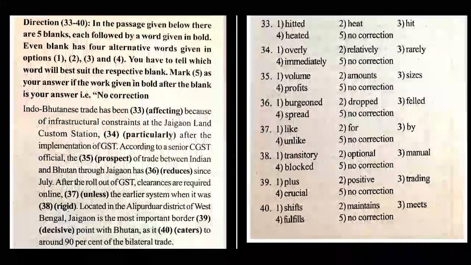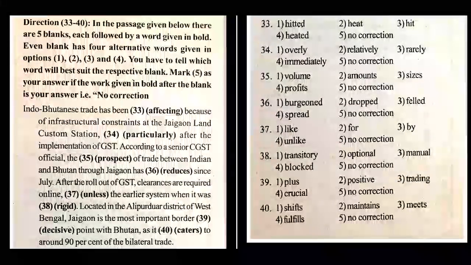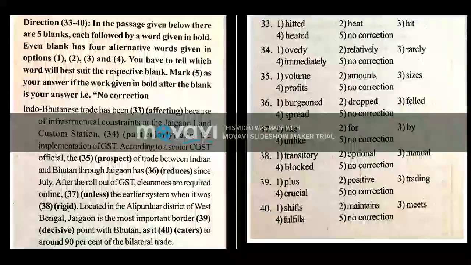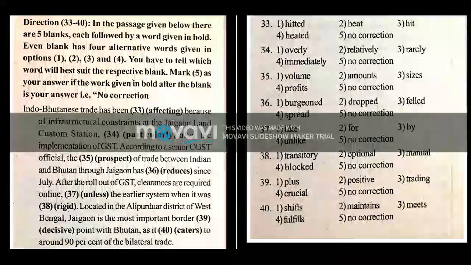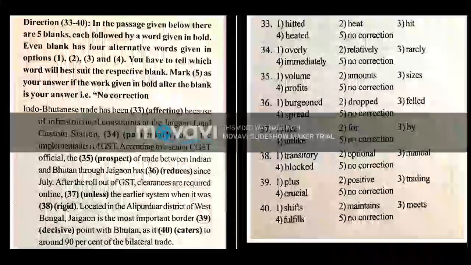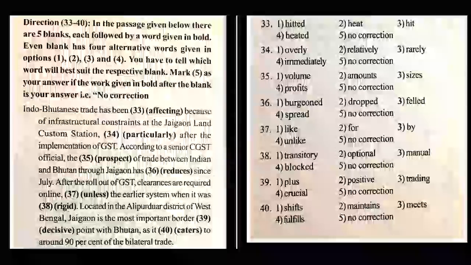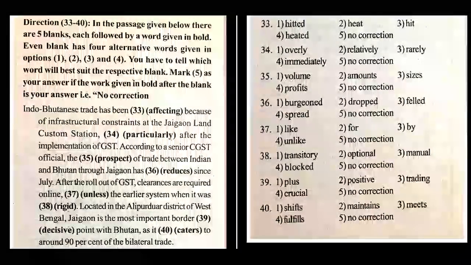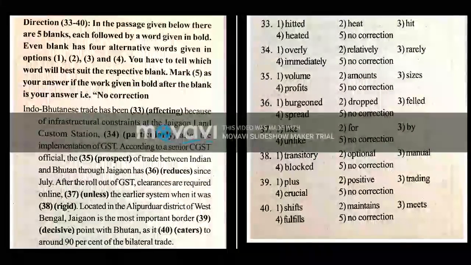Constraints mean restrictions or limitations, and in the passage it says Indo-Bhutanese trade has been dash because of. Please look at the information. That is because of. Because of is a phrase preposition after which a noun or a noun phrase is required.